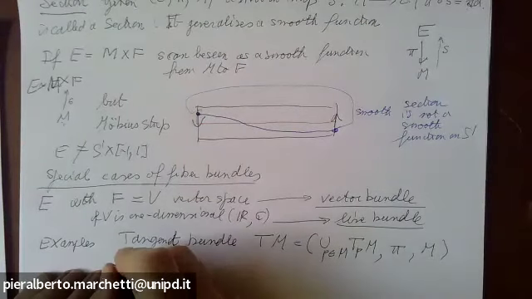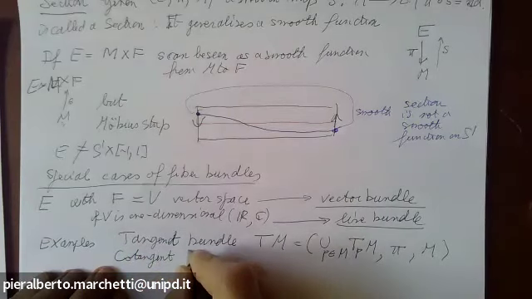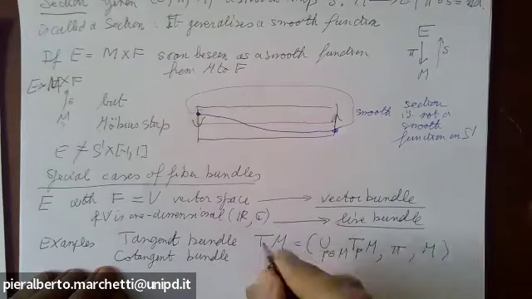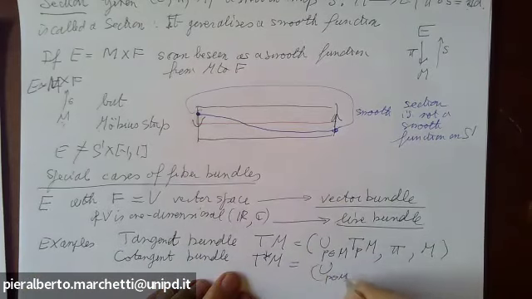Then, now you understand the trick, you can construct a cotangent bundle, denoted by T star of M, which is the union over P belonging to M of the cotangent space T_P star of M.